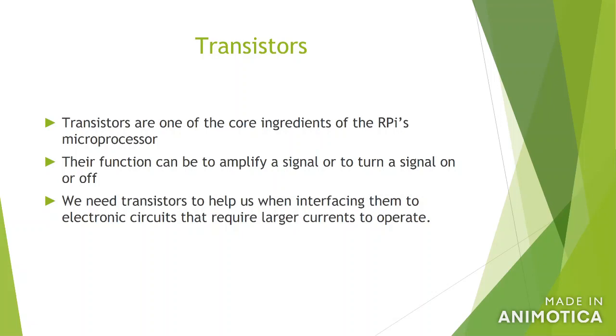So a microprocessor or the Raspberry Pi board can only provide very low current. However, a lot of external devices like motors, even LEDs, need higher current. So to drive a higher current device using low current GPIO, we have to use transistors, because transistors actually provide this kind of capability.